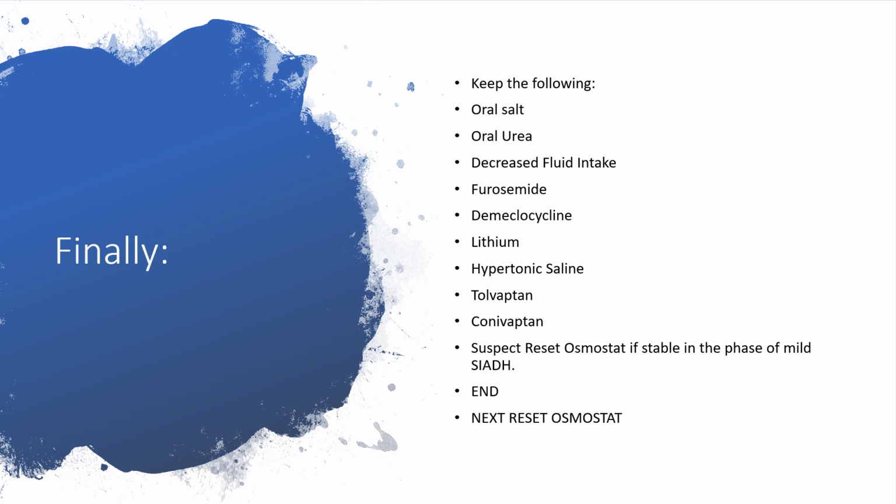Oral salts, oral urea, decreased fluid intake, high saline diet, diuretics like furosemide, demeclocycline, lithium, hypertonic saline 3%, tolvaptan, conivaptan. And you can suspect reset osmostat if the person with hyponatremia is stable in the face of mild syndrome of inappropriate antidiuretic hormone, because they don't need therapy.